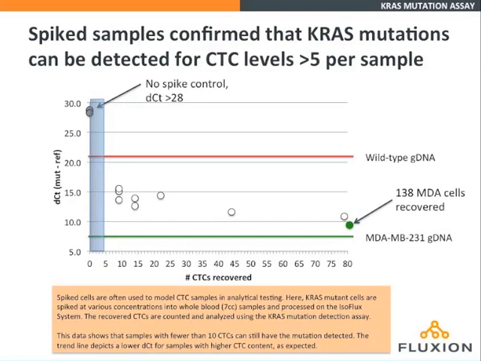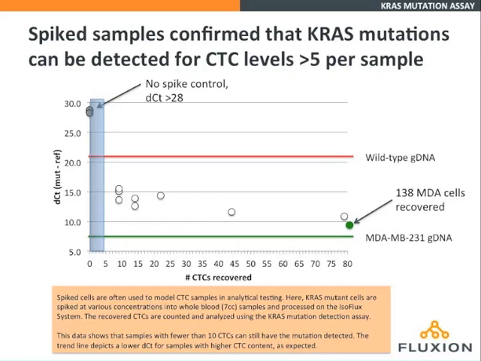So basically, for this experiment, we took the MDA cell line in different quantities and spiked it into a blood tube, then went through the full isolation protocol on the IsoFlux system and looked at the assay results. What I should mention is that for the previous slide, we used really high backgrounds in order to make sure that wasn't going to be an issue. So we used backgrounds of about 10,000 cell equivalents.